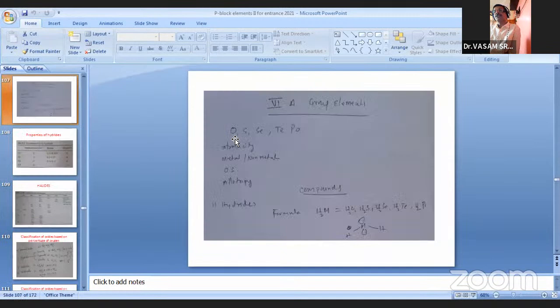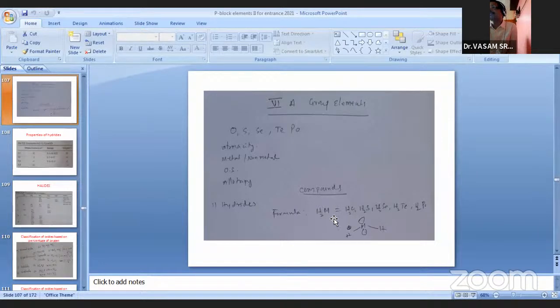Now come to the first chemical property, hydrides. You know the meaning of hydrides. The group elements interact with hydrogen to give hydrides. The general formula is H2M, where M is a sixth group element. Hydrogen valency is 1 and the sixth group elements' valency is 2, so according to the crisscross principle they form H2M.